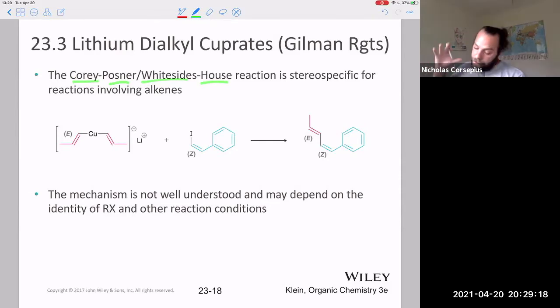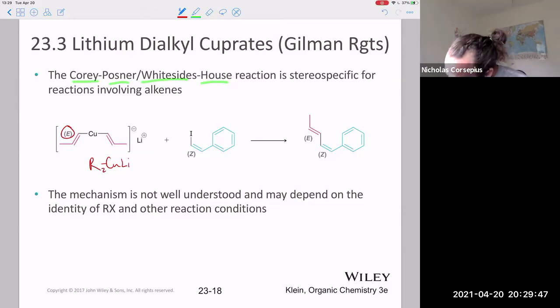But anyways, one of the other nice things about these reactions is the fact that they will preserve any sort of stereochemistry in either R group. So if your organocuprate, remember this R, is now a vinyl organocuprate or Gilman reagent, well, by R, I mean the group that's attached here. Notice how it has the E stereochemistry associated with it.